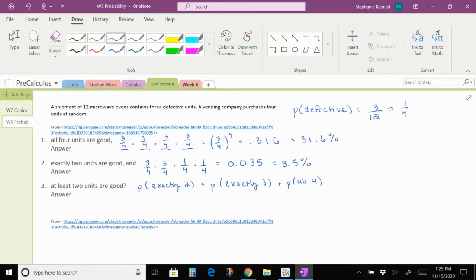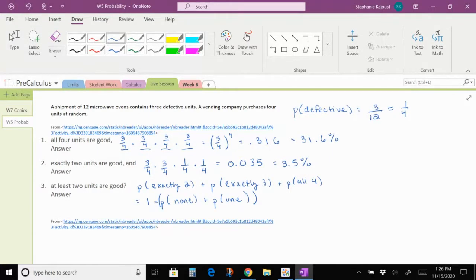Sometimes we can use the complement. This would be the same thing, and the complement is how I got the 3/4, but that'd be 1 minus the probability of none being defective, or the probability that 1 is defective. So you could think of it the other way by finding out the probability that none of them are defective, or the probability that one of them is defective, or good in this case.